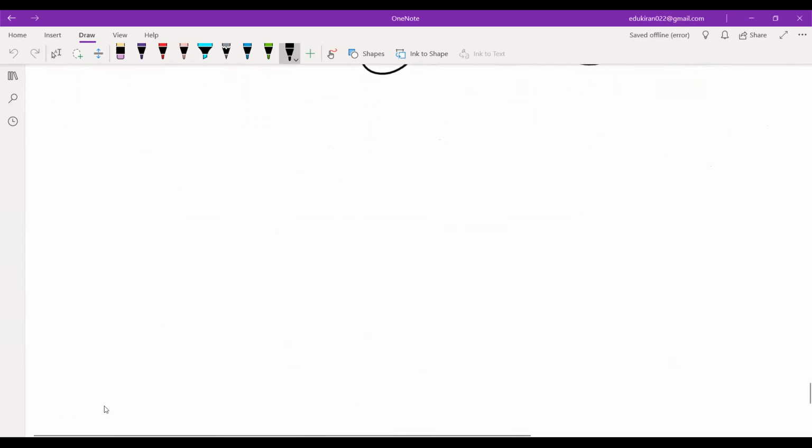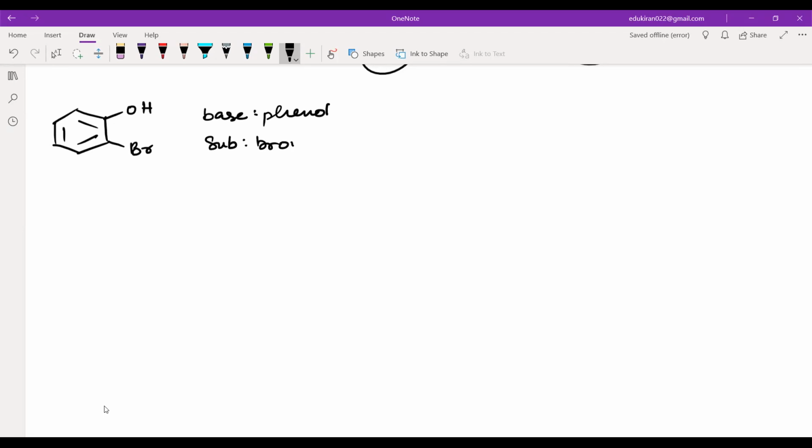So let us say we have this molecule, OH and Br. Now, as you know, the base name here will be phenol. And we have the substituent, that is bromo.